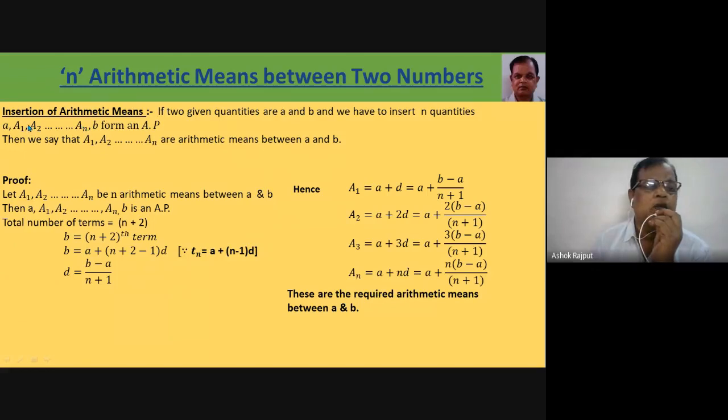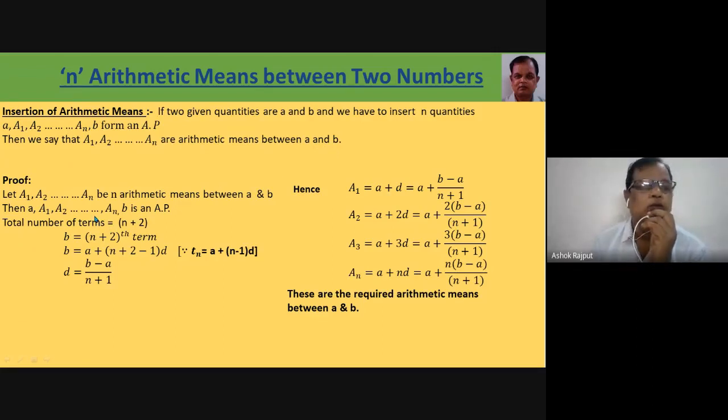Now the n means are inserted, and a and b are already there, so the number of terms will be n plus 2, and these form an AP. Then we say A1, A2, ..., An are the arithmetic means between a and b.